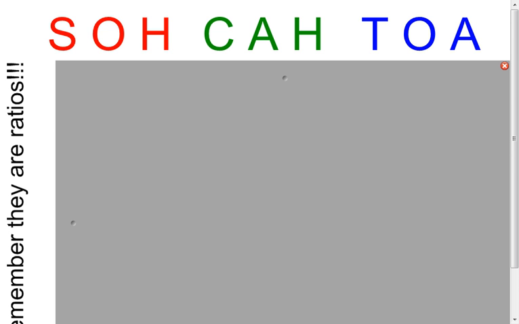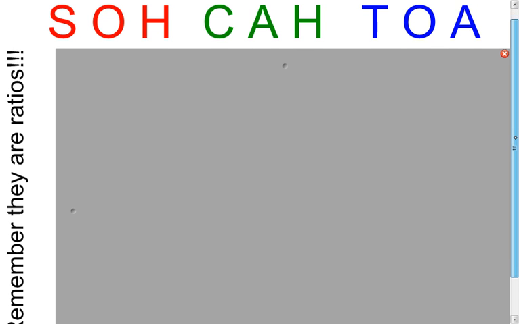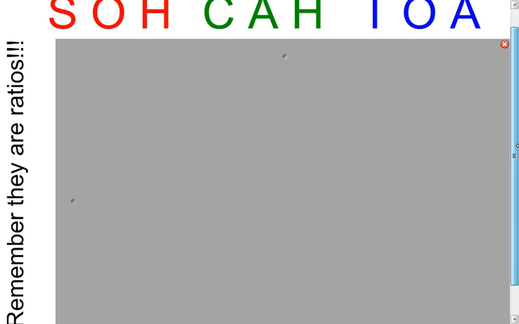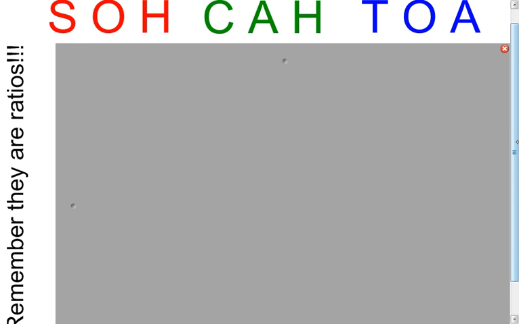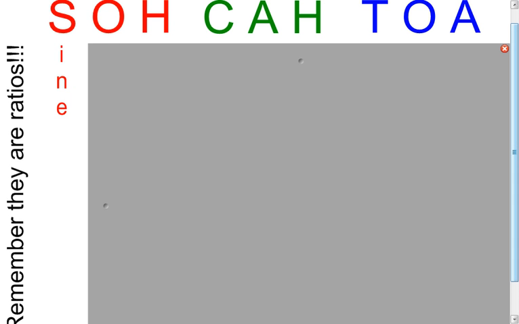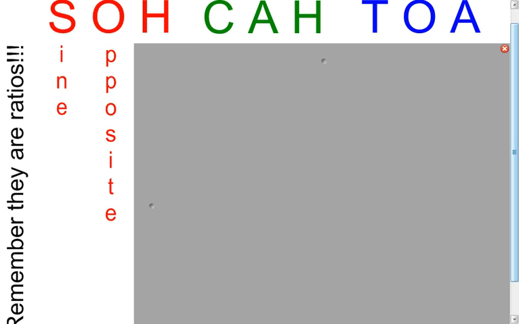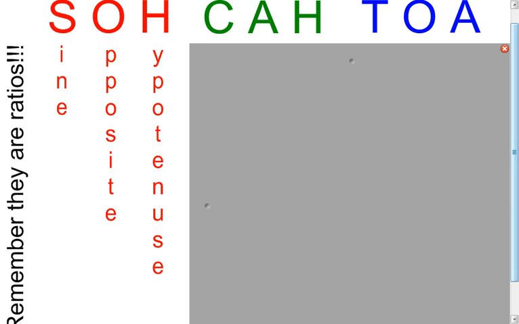Now, this is just a helpful acronym to help you remember the trig functions, which are sine, cosine, and tangent. So the SOH, let me scroll this down a little bit so that we get it all. Remember, they are ratios. Sine is the opposite side over the hypotenuse. So, SOH will help you remember how to come up with sine.